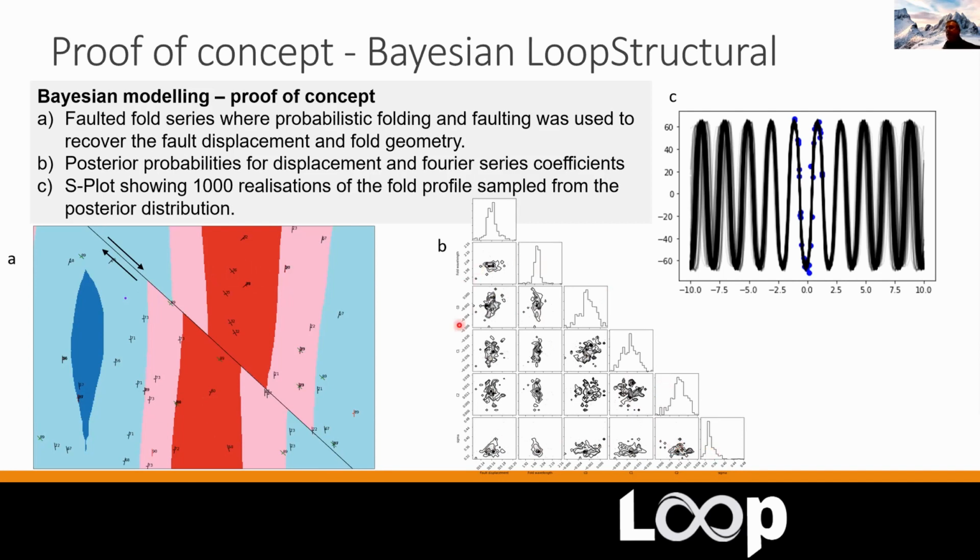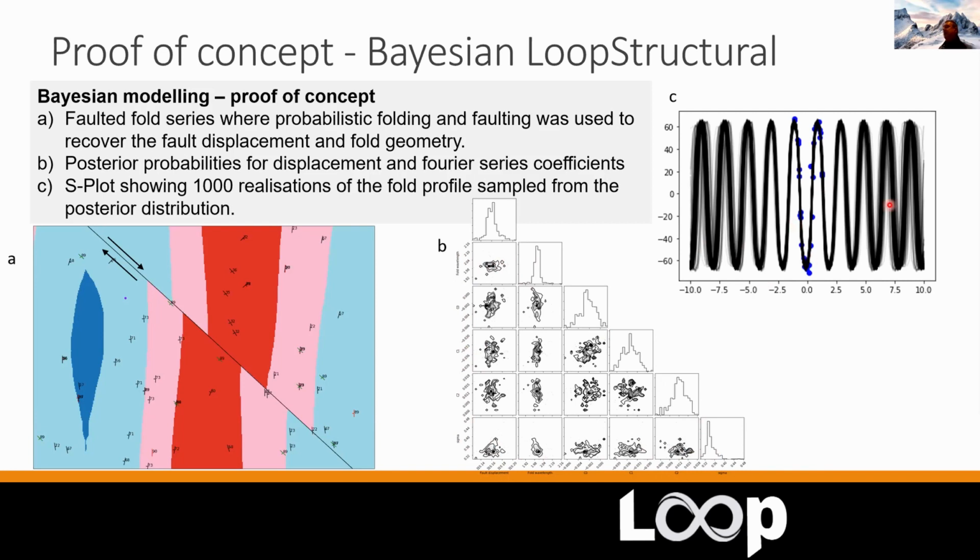So down here, you have an example of how the model space has been sampled. So for the different coefficients of the Fourier series, so C0, C1, C2, and also for the fold wavelengths. And down here, we also have the fold displacements. So you're looking at density plots of where the system has sampled our parameter space. And for each of those parameter samples, you can also look at what the fold profile would look like in what we call the S-plot.